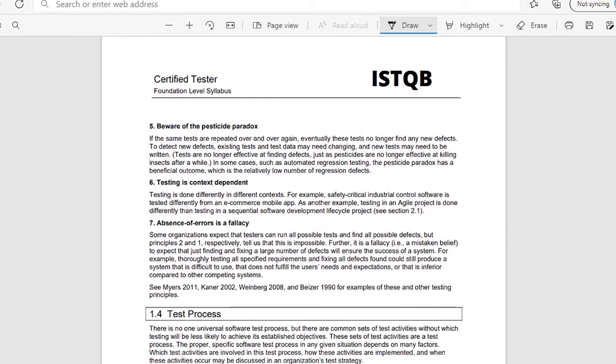The next is: be aware of the pesticide paradox. What is the pesticide paradox? Pesticide paradox means, for example, you are using the same test cases each time, and maybe the first time they will find 5 to 6 bugs in the code, but the next time they will never find bugs in the code, because of the pesticide effect.